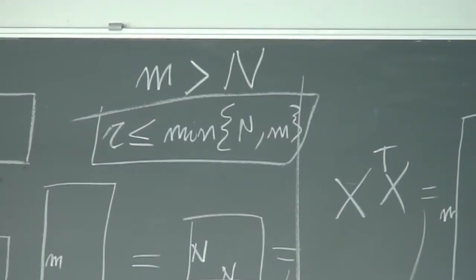There is some row that is linearly dependent on the others. So this means that some of the smallest eigenvalues here might also be 0. It can happen that not all the n eigenvalues here are different from 0.